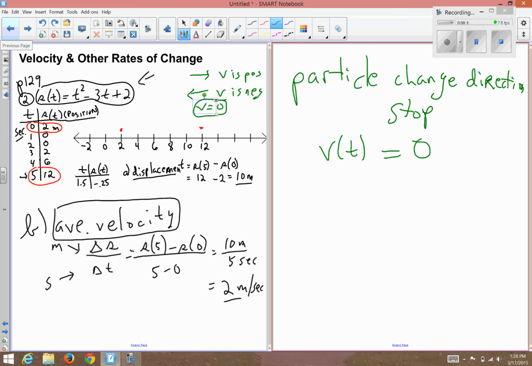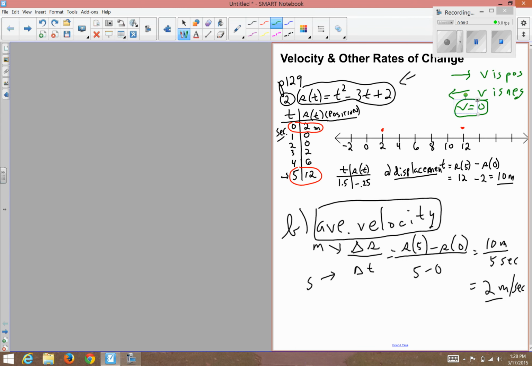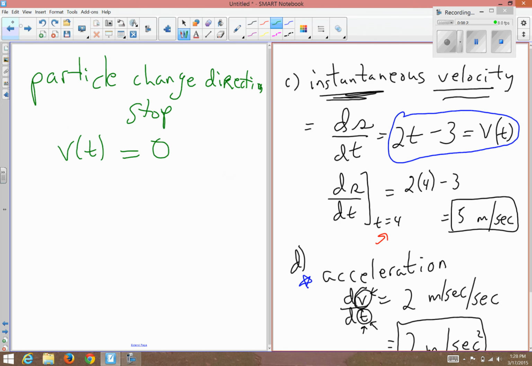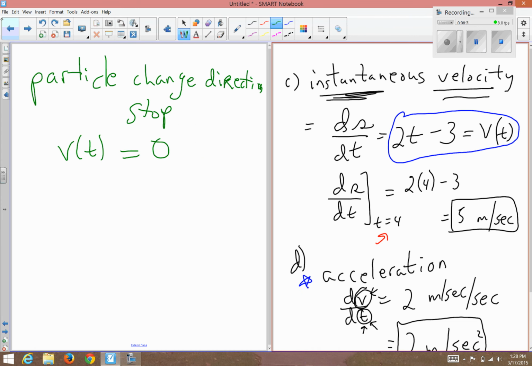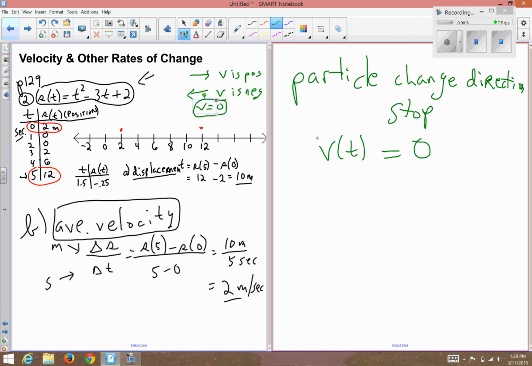And the velocity was right here in the blue, 2t minus 3. So velocity is 0. In this problem, this is the velocity, 2t minus 3 is 0.